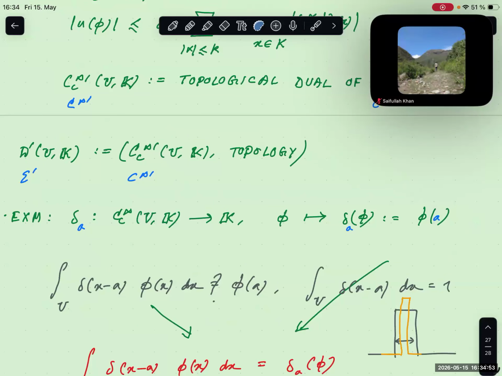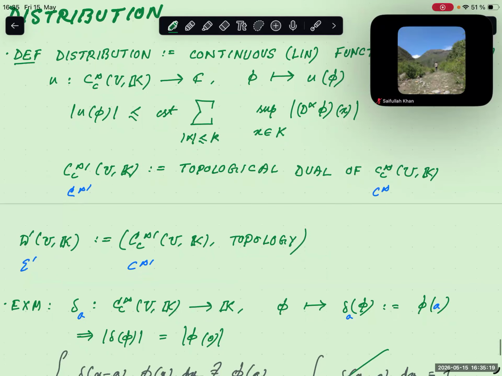So that means I'm just taking 0 because it changes nothing. This equals phi of 0, and now it matches with this.